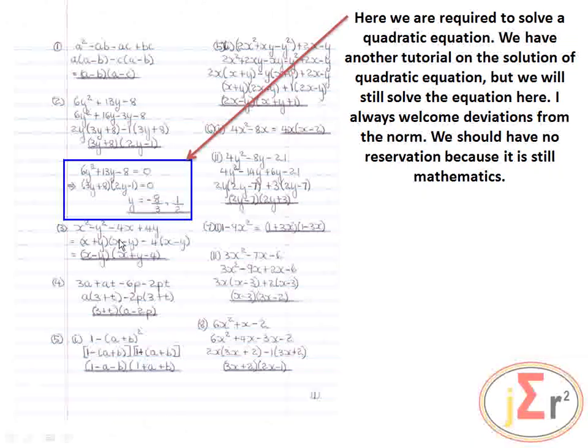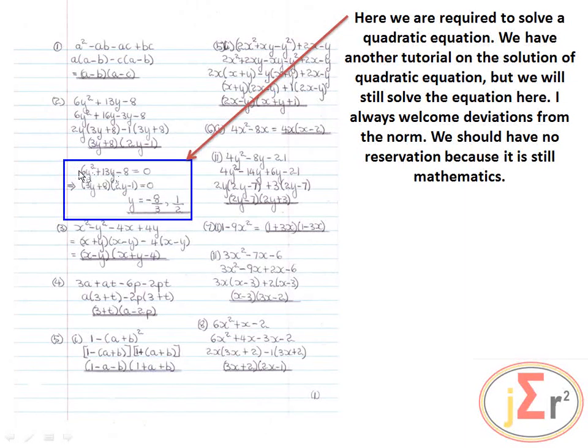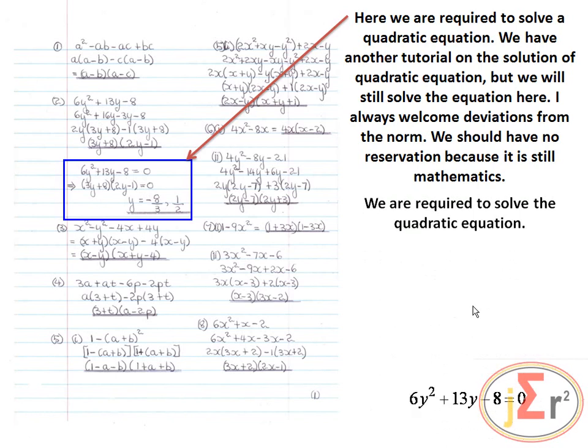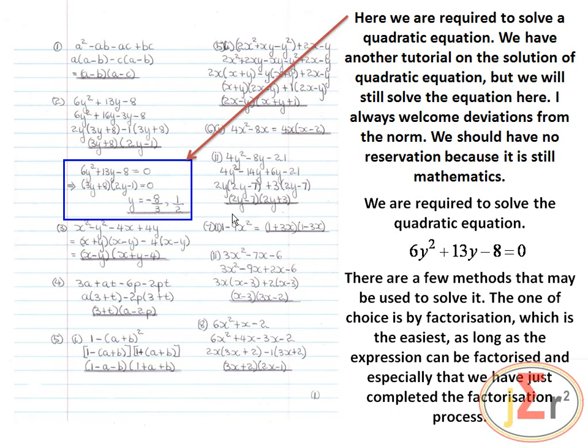Well, the expression that we have here is the same one that we have already factorized, so we do not need to do that. We just continue by finishing up the solution of that quadratic equation. We are required to solve the quadratic equation, which is the equation that is making use of the expression that we have factorized already. There are a few methods that may be used to solve it.